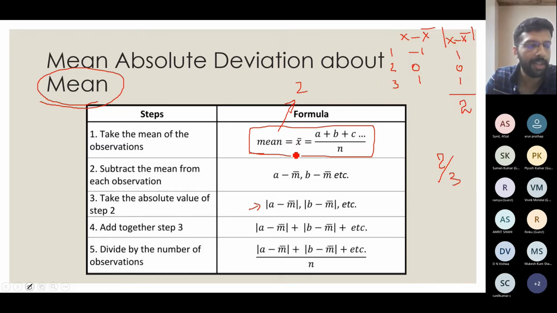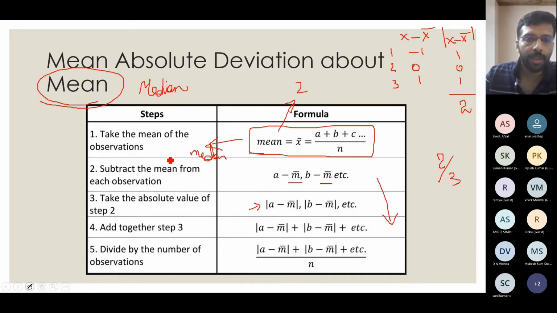Similarly, we can define mean absolute deviation about median also. The steps are one and the same, except for the first step, where instead of the mean you have to find the median. In all the subsequent steps, you use the median instead of the mean. Other steps are the same. So this is how you can compute the mean absolute deviation about mean.